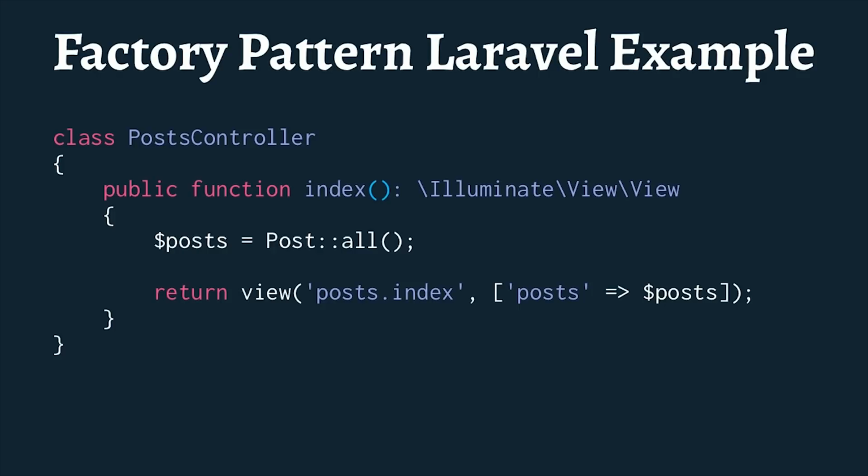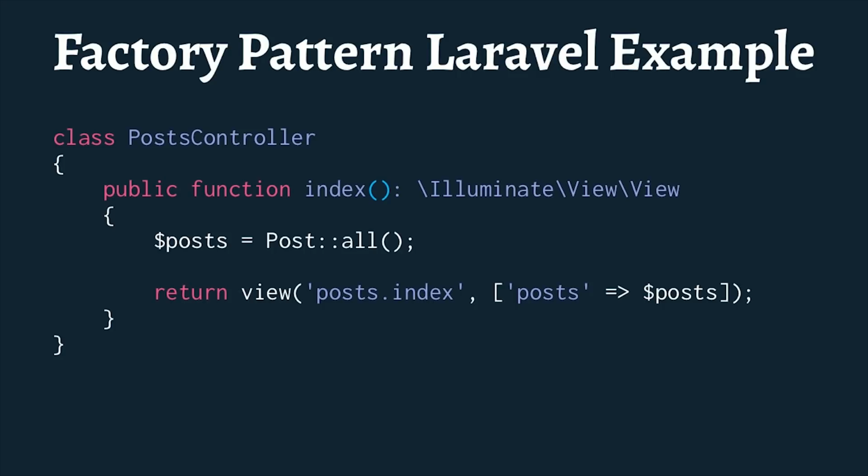So Laravel is actually using this pattern for views, but also for notifications, validators, and there's a bunch more, but these are the most known. In this case, we use a helper method, and that's the view method. And in the end, the view method is calling a factory, which is creating the view for us and returns it to us. But in this controller method, we're actually returning the view.